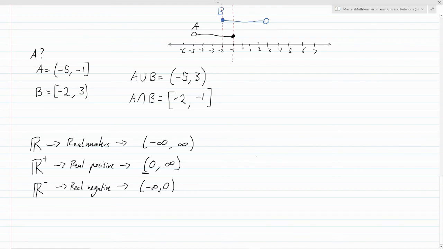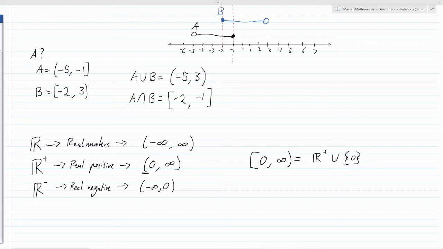If you wanted to write this interval from 0 to infinity with a square bracket because you want to include 0, to write that in set notation, you can actually write real positive in union with the set 0. Okay, because that is now in union with the number 0. So that's something interesting and something very important to note, because that will also come up in some of the questions.